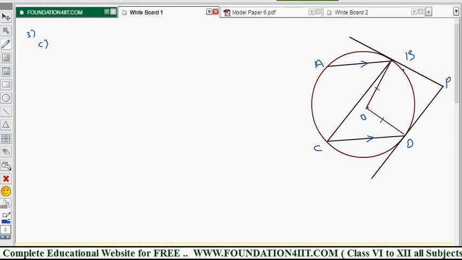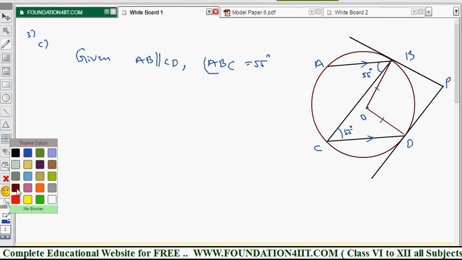Now the given angle is 55 degrees. Is this? There is angle ABC. Angle ABC is 55 degrees. Then angle BCD must also be 55 degrees, because of alternate interior angles. Okay, let me take the given data. That is, AB is parallel to CD is given, and angle ABC is equal to 55 degrees.